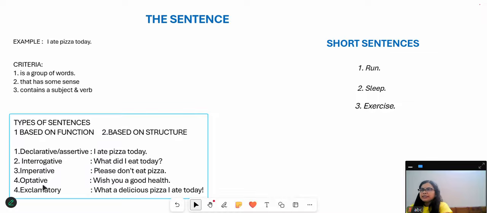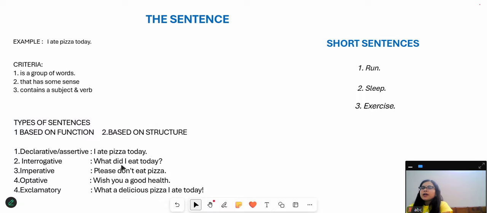An optative sentence shows some wish, prayer, or curse, and ends with a period. The exclamatory sentence shows strong and spontaneous feelings of someone. So now let's see. I asked you, do you know which is the smallest sentence in English?